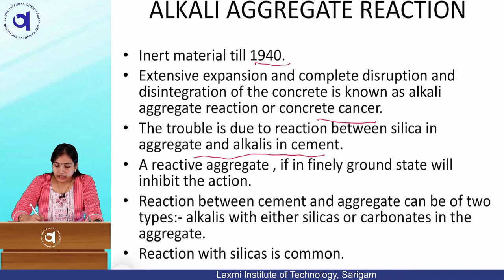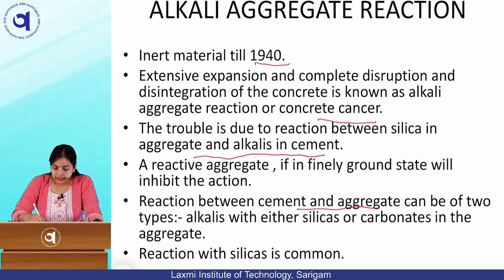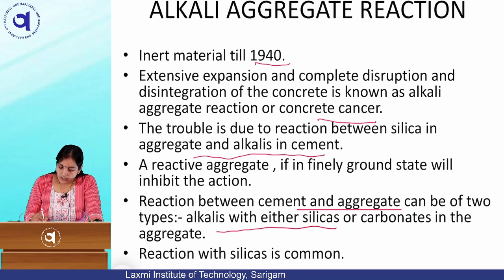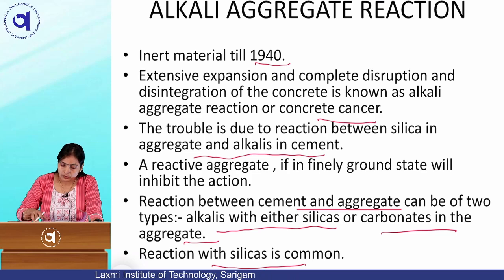A reactive aggregate, if finally ground, will inhibit the action. So, the reaction between the cement and aggregate is of two types: alkalis with either silicates or carbonates in the aggregate. Reaction with silica is common.